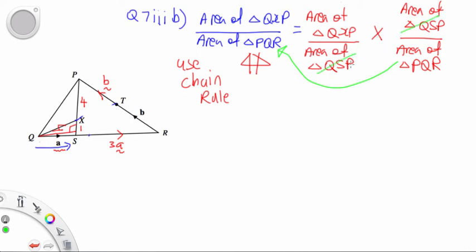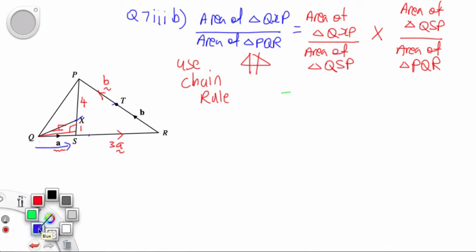So you will get what the question wants once you multiply these two sets of ratio. Now let's see how we find these two sets of ratio. We have already found out one of the ratios. Earlier on we found out that the answer is 4 over 5, multiplied by.